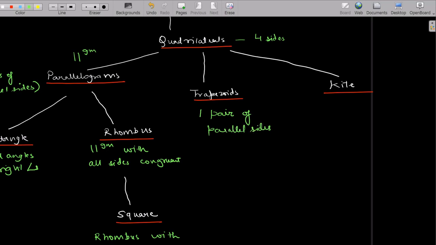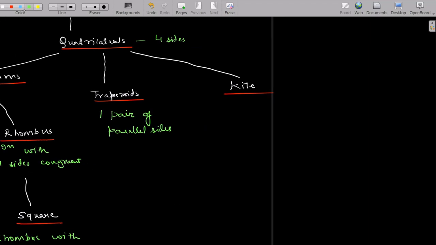Kites are not that important. Kites are figures which look like this. It's a very bad kite. You must have seen a real kite, right? This is how it looks, and its definition is that you have two pairs of adjacent sides congruent.